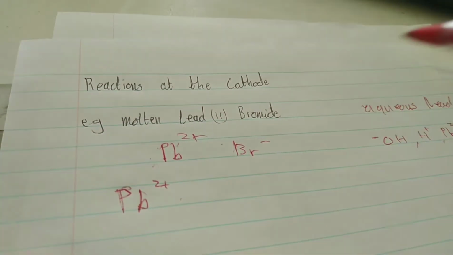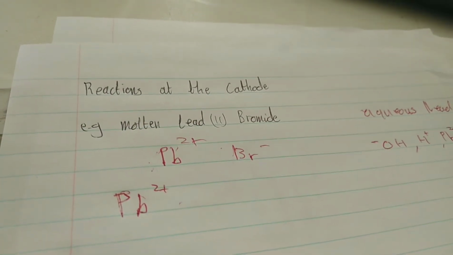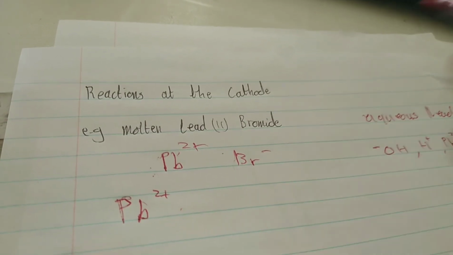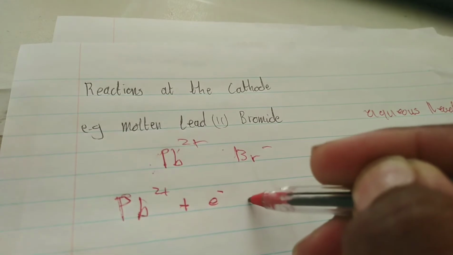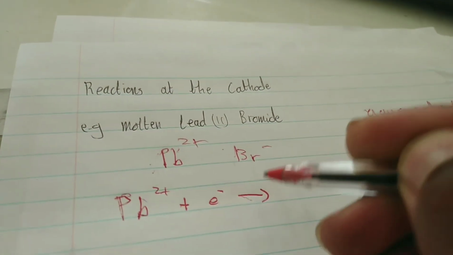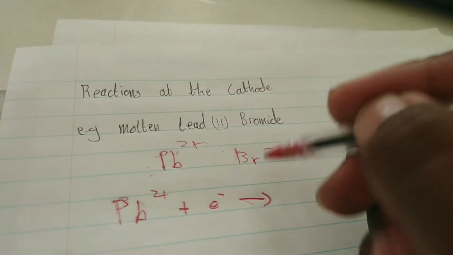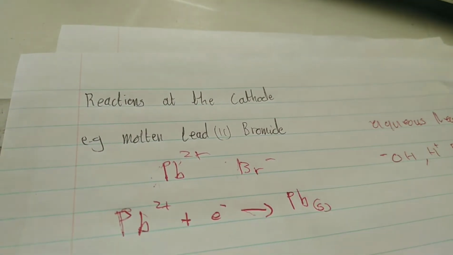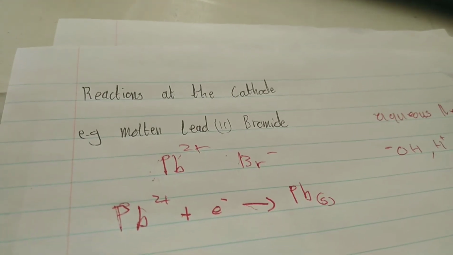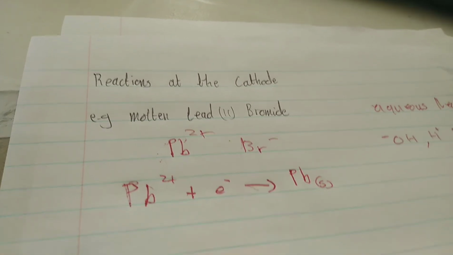Because we said at the cathode, the metal ion will accept the electrons from the cathode. So you're going to have lead 2 plus gaining an electron, accepted by this metal ion to form lead as a solid, which is a metal. Now you will have to balance your equation.